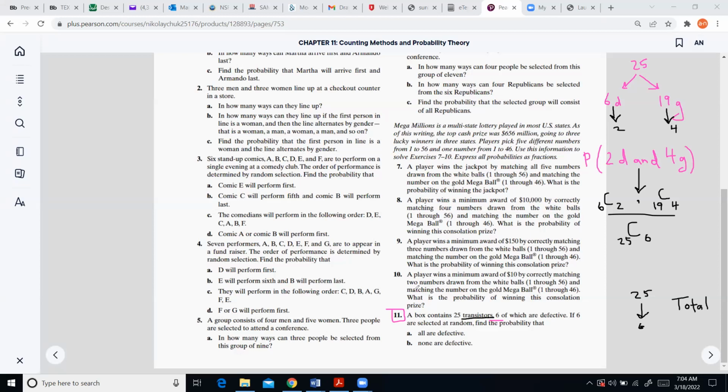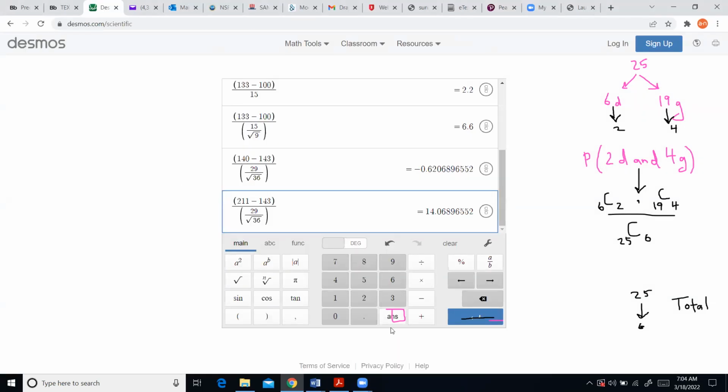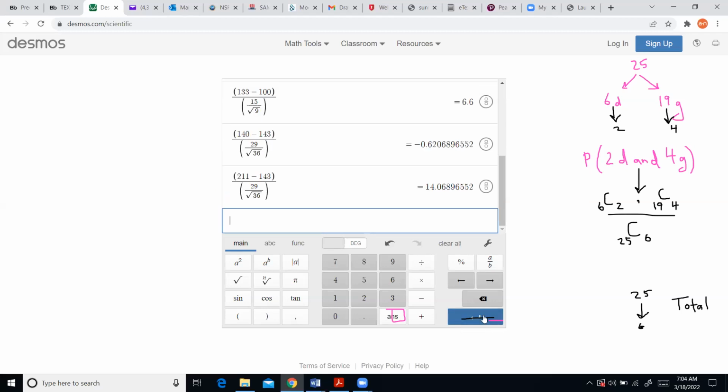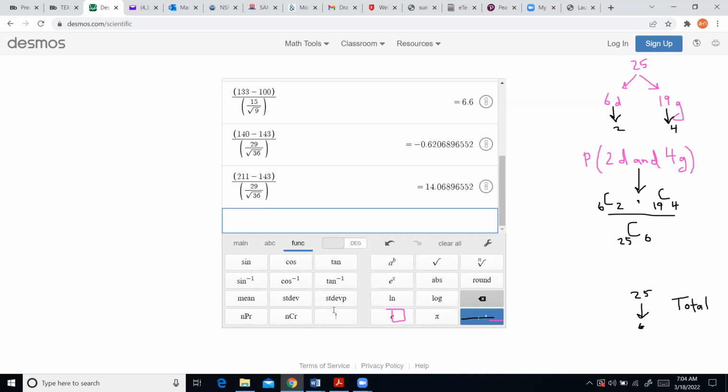And this could be calculated using our favorite calculator here. So I can go with the functions, right? Remember how we get those combinations? Some people wonder, where are they? They're right here. So you go to functions on that calculator, Desmos, and go with the combinations choice.